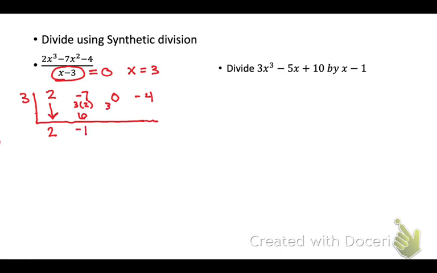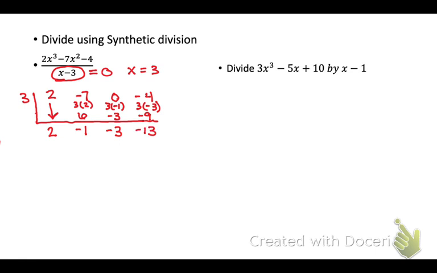Then 3 times -1 is -3. 0 and -3 is -3. 3 times -3 is -9. So -4 plus -9 is.